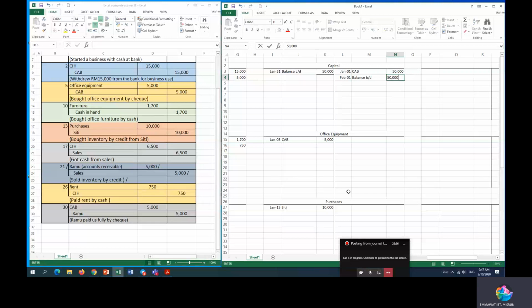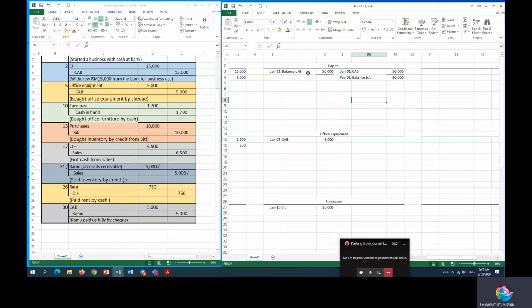Okay, 50,000. So this is how you should do the closing of accounts. How did we do it? We do it by ensuring that your total debit is equal to your total credit. So this would be your ending balance. We name it as balance C/D.